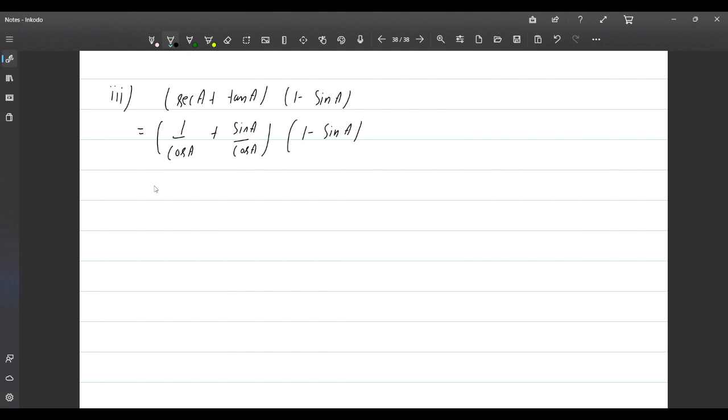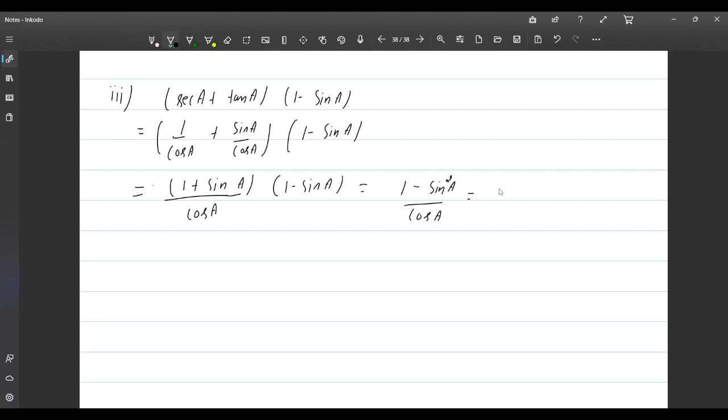So take LCM, cos a. This is equal to 1 plus sin a into 1 minus sin a. So this is a plus b, a minus b, a square minus b square. So this is 1 minus sin square a.